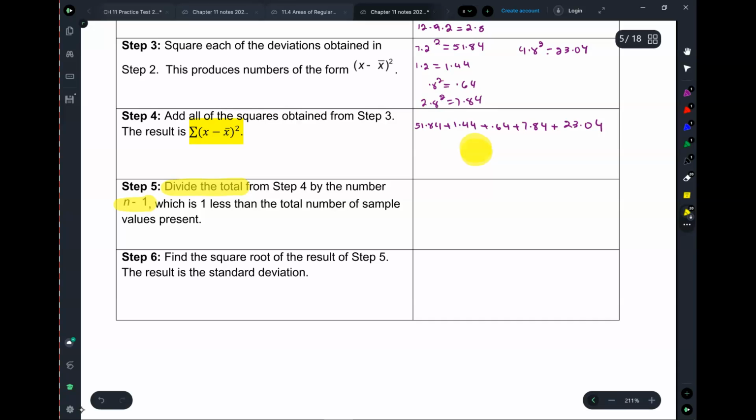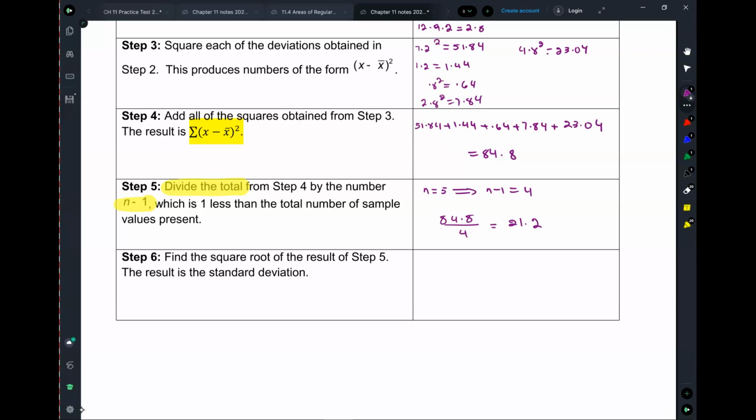Jenna says this equals 84.8. Good. Next, we're going to divide by n minus 1. So if n equals 5, n minus 1 is equal to 4. So 84.8 divided by 4 is 21.2.